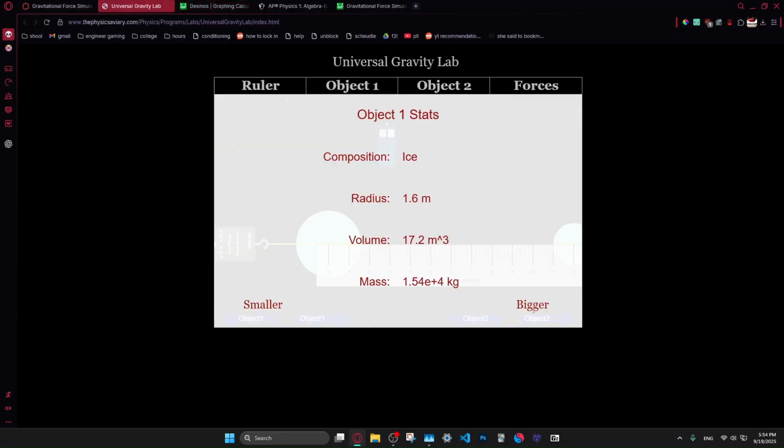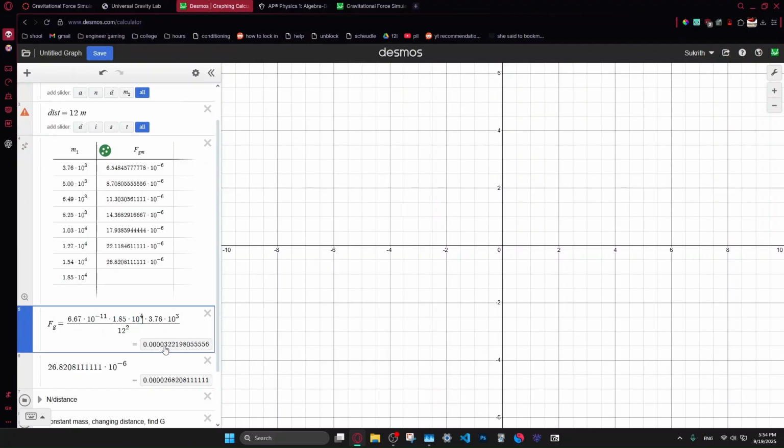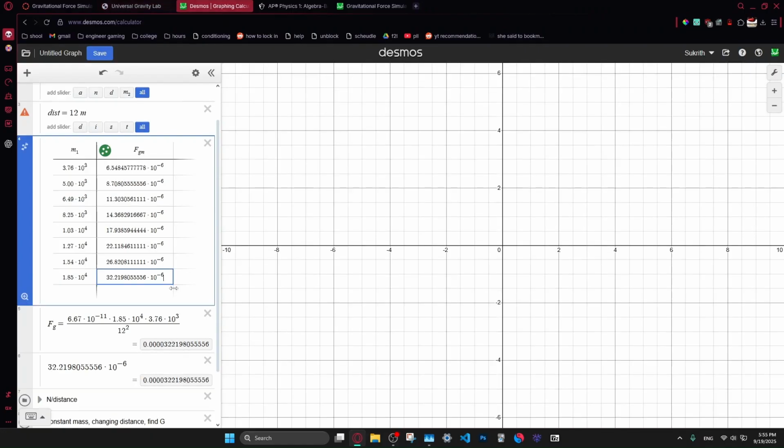We're almost done with the first part. 1.85 times 10 to the 4th. Stick it in here and do this. 1, 2, 3, 4, 5, 6. Should be around 32 micronewtons. I'm not going to check anymore because I know I'm right. Wait, hold on.